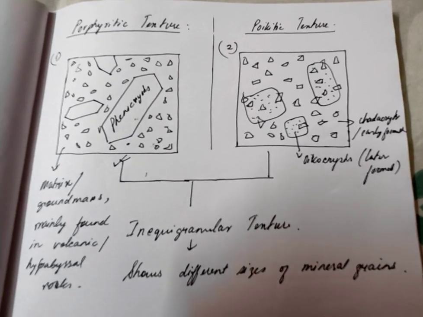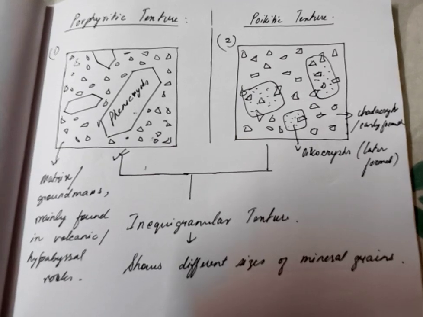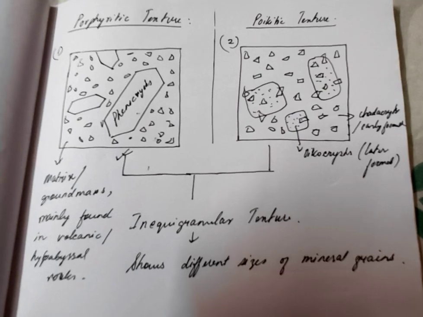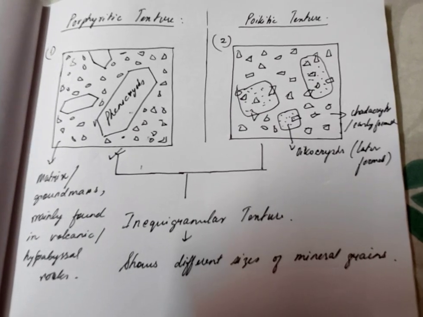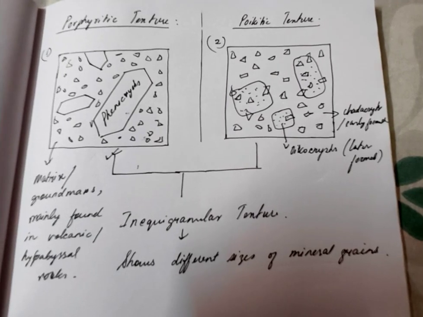Porphyritic texture is formed when the magma in the magma chamber is cooling down at a slower rate, and because of the slower cooling rate, we all know that the larger size crystals are formed first.